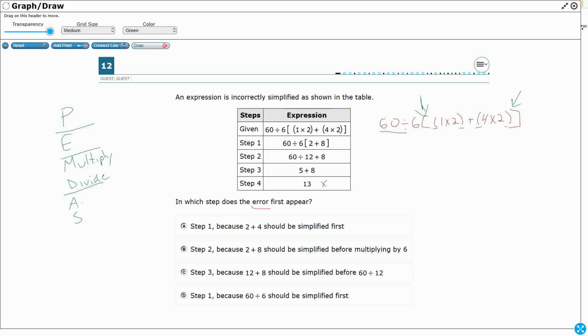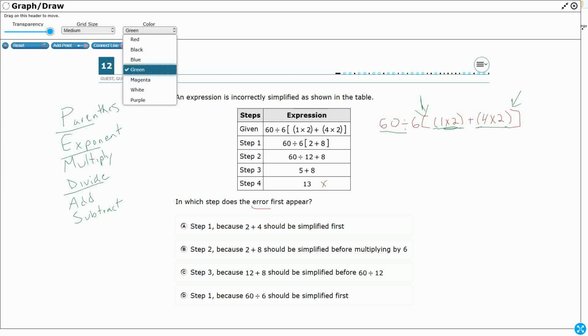Same with add and subtract. You can do this add or subtract if you see that either one left or right. Parentheses and brackets are at that same level. We're not dealing with exponents until we get into 6th grade. So we need to take care of our parentheses first, even though we don't really need them.